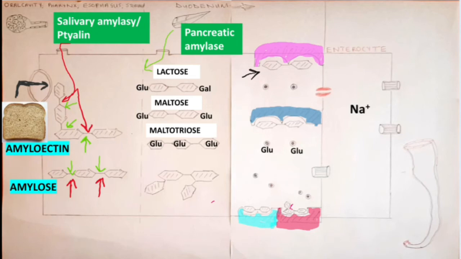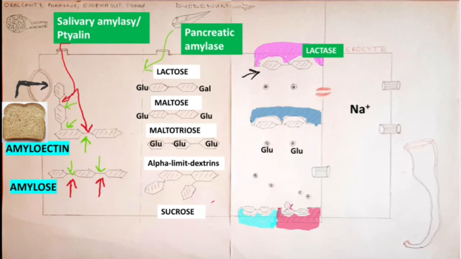And alpha limit dextrins still have some 1,6 glycosidic bonds, so that's where you are here. And also there is another one which is very important, sucrose. I didn't indicate it here, but you will see it on the next part.